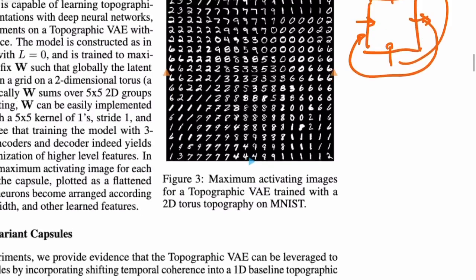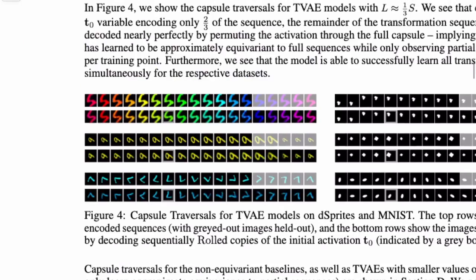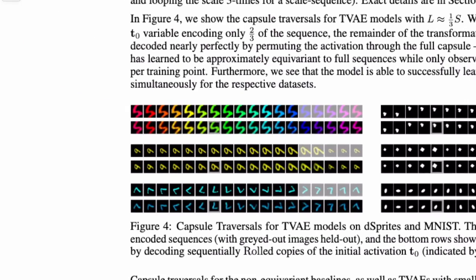I'm not sure. But when they go with the sequences, so here you see the sequences, I think on top is what they input, and then this is the continuation that the model doesn't see. On the bottom is what the model produces. You can see the model does get to a point where it understands how these sequences go. Here, right, it goes larger, and then it flips around to the smallest. This is expected behavior. Here as well, the rotation.